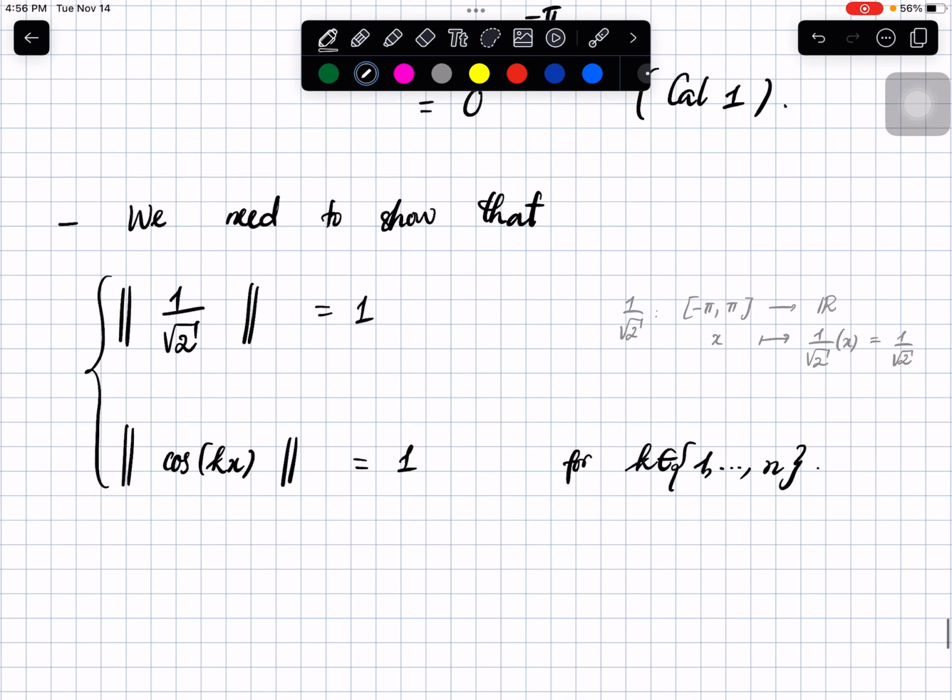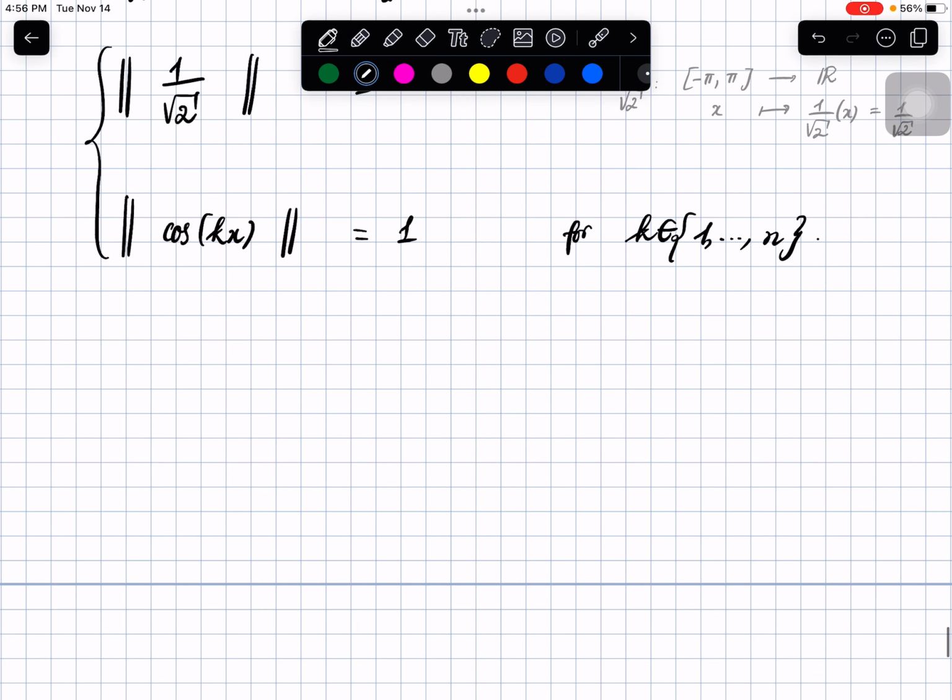Computing the norm: recall that the norm of a vector u will be the square root of u's inner product with itself.